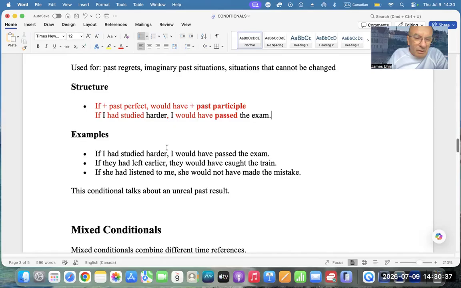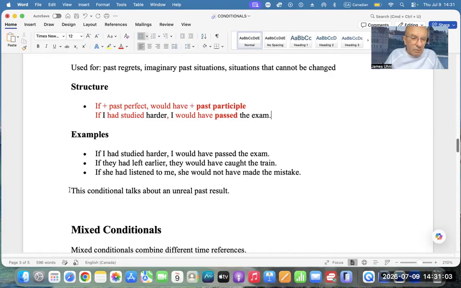conditionals. So if they had left earlier, had left past participle, past perfect, they would have caught, which is past participle, the train. This conditional talks about an unreal past result.